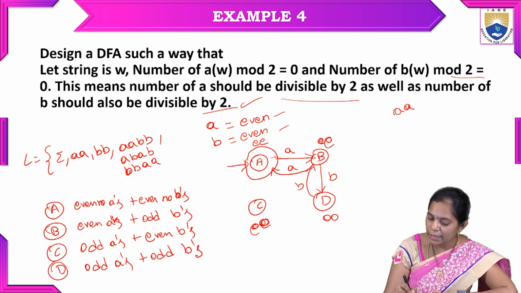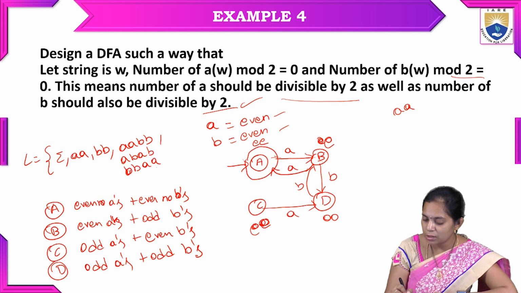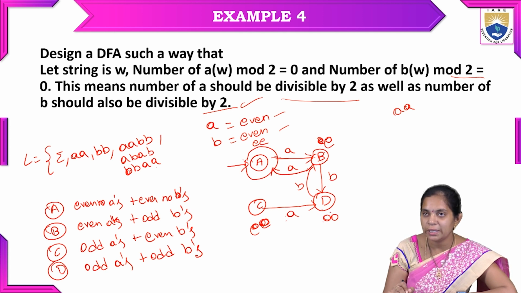And here A, it is an odd number, so it is reaching that state. And here the B, it is an odd number, and A is also, so if you give A as an input symbol, it is an odd number. So A, B both are odd numbers, so it is in the odd, odd state, which is the D state.